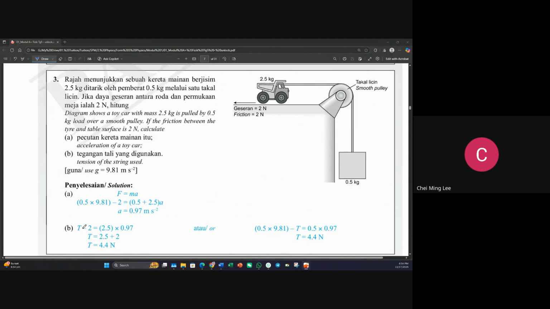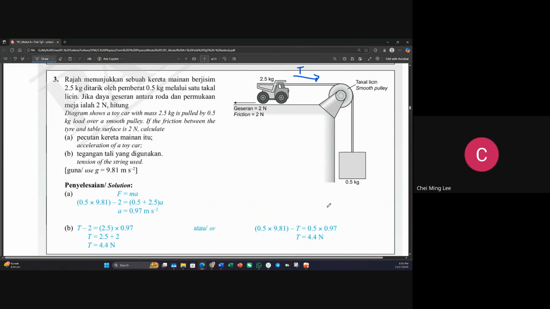So T minus 2 equals 2.5 times the acceleration, because the tension T is here. These two are in different directions. Total force T minus 2 equals 2.5 times 0.97, the acceleration. So you get T equals 4.4 Newton.